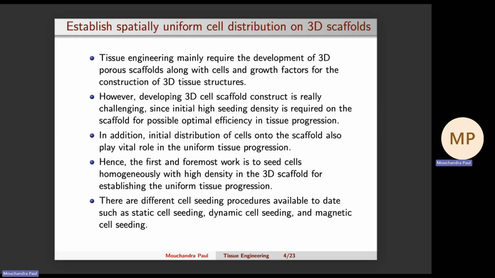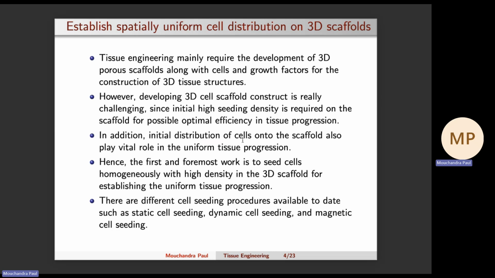But the challenge is the cell density. It means we require a very high cell density initially in order to make sure that the final tissue construct has, say, two orders of magnitude higher cell number, because ultimately the cells are going to proliferate and the cell number is going to increase. But that is what we expect.